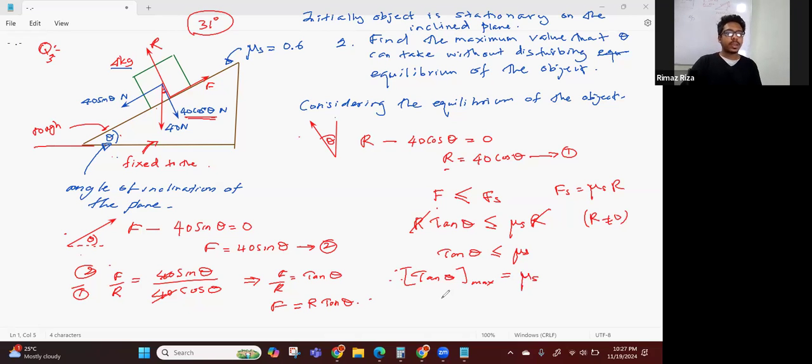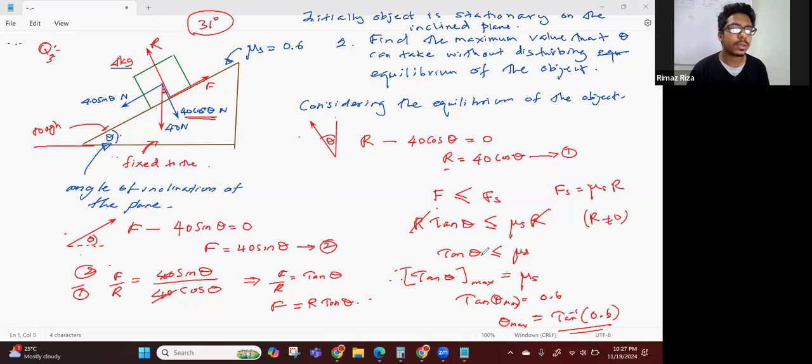Tan theta will be maximum when theta is maximum. Therefore, tan theta max equals nu s, which is 0.6. So the maximum value of theta, if you take the tan to the other side, becomes tan inverse 0.6. You can find this using a trigonometric table.